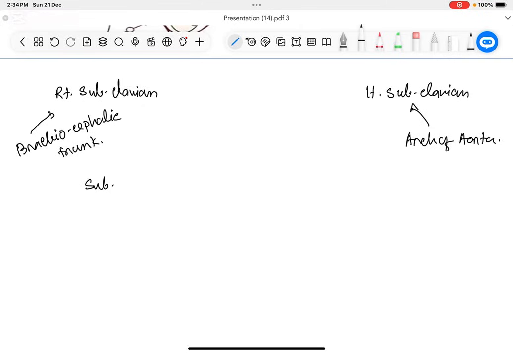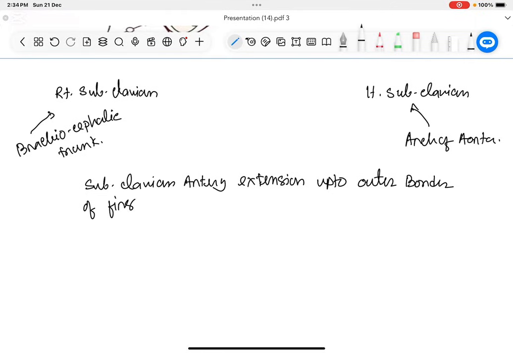So the subclavian artery extends up to the outer border of the first rib, then its continuation will be the axillary artery.